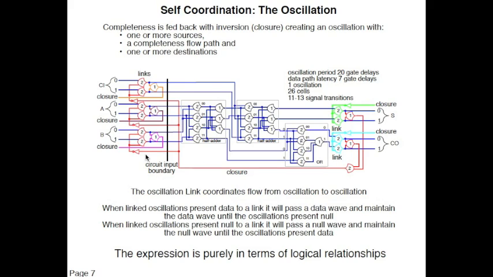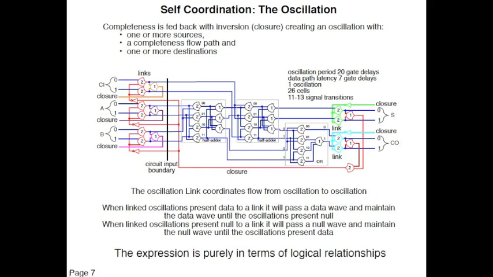And as a ring oscillator, it is a source of liveness entirely on its own terms. It will continually strive to oscillate between data completeness and null completeness. Now, our done signal is the signal that closed the oscillation and created the oscillation with the inversion. So now we won't call this done anymore. We'll call this the closure signal.